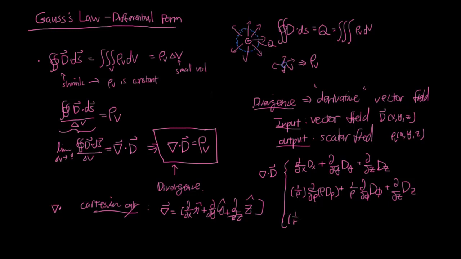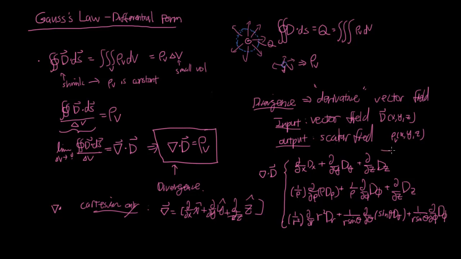For the r component, you have 1 over r squared d by dr of r squared times the r component, plus 1 over r sine theta d by d theta of sine theta times the theta component, plus 1 over r sine theta d by d phi of the phi component.